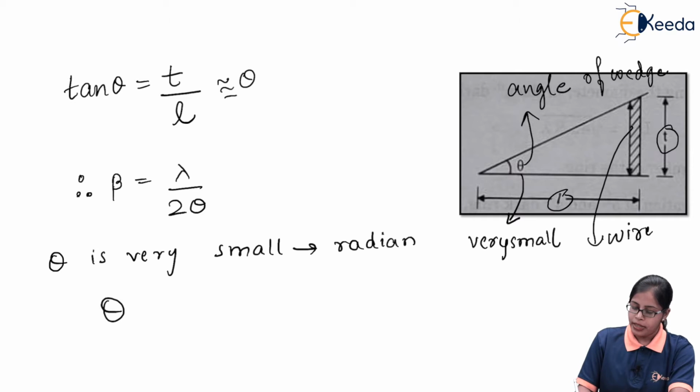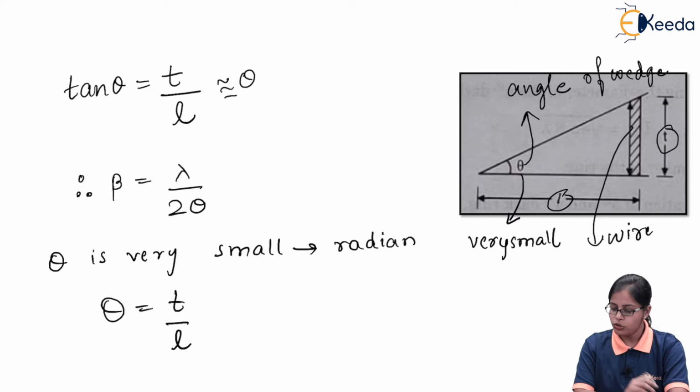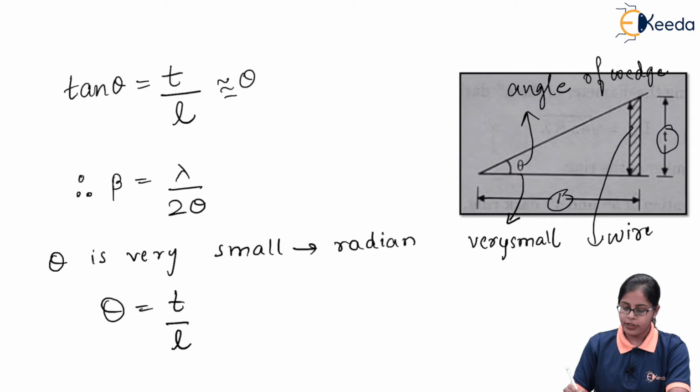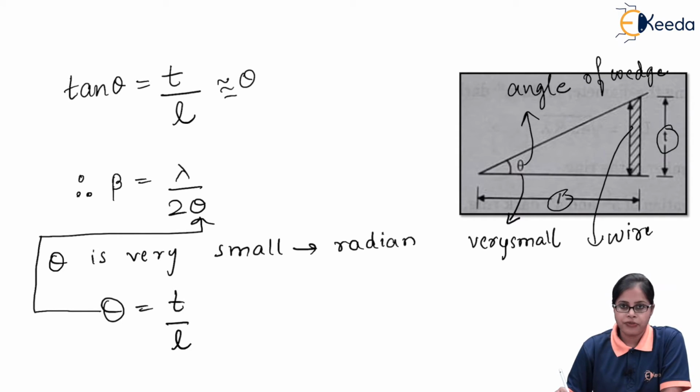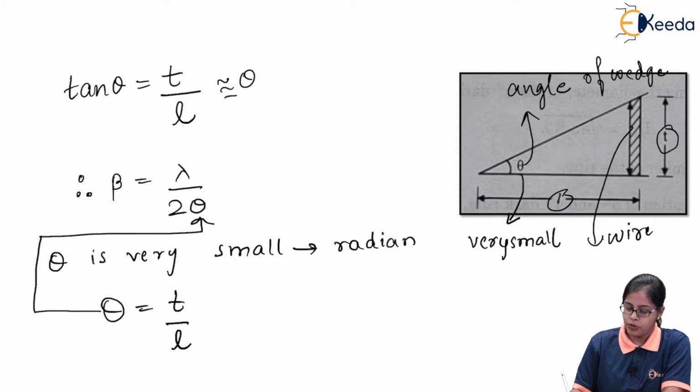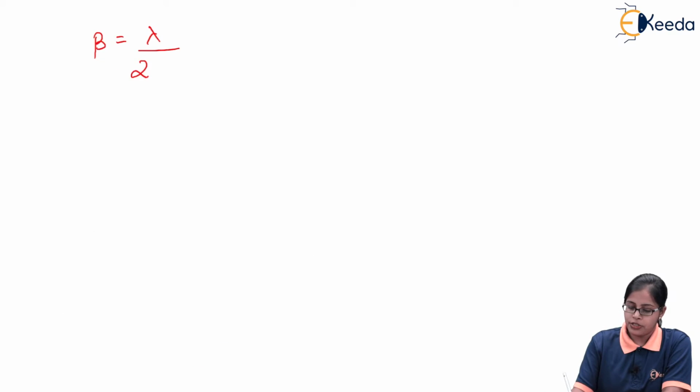So we are getting the theta value as T by L. We can put this value of theta in this equation, and we obtain that beta is equal to lambda upon 2 times theta, which is T by L. So instead of theta I can write T by L.